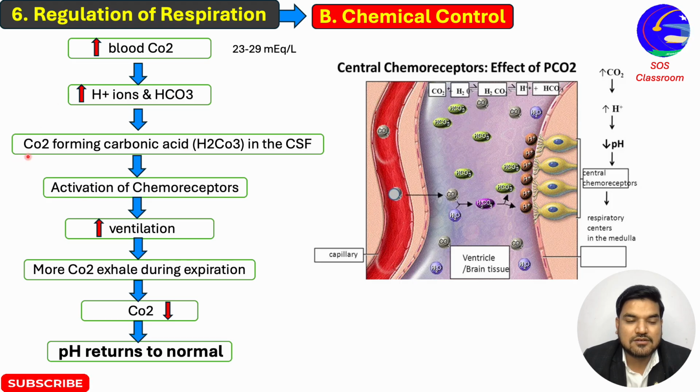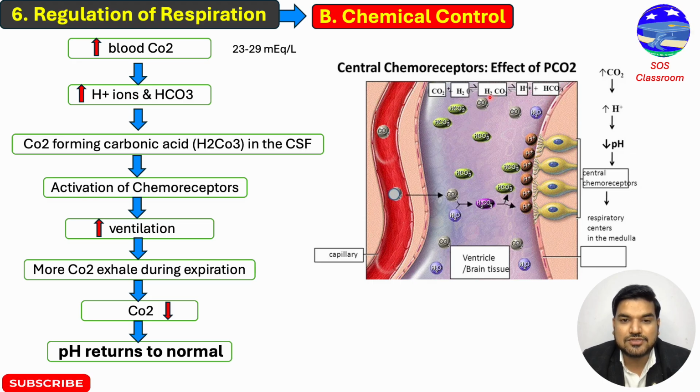You can see CO2 forming carbonic acid in the cerebrospinal fluid. Then the carbonic acid splits into two things: number one, hydrogen ions, and number two, HCO3.